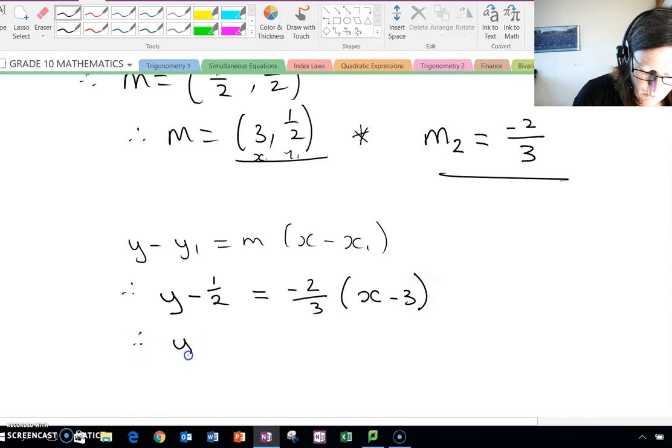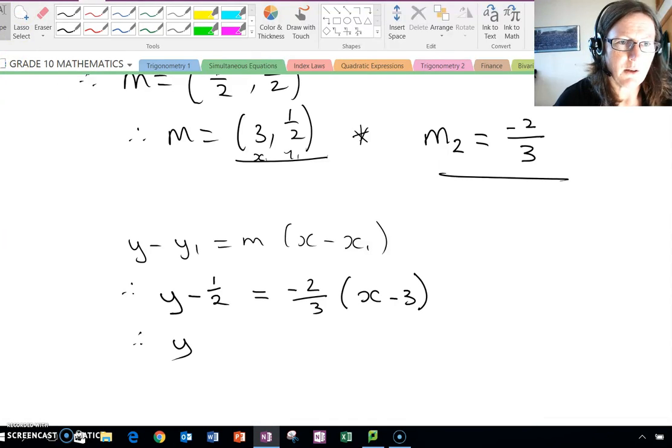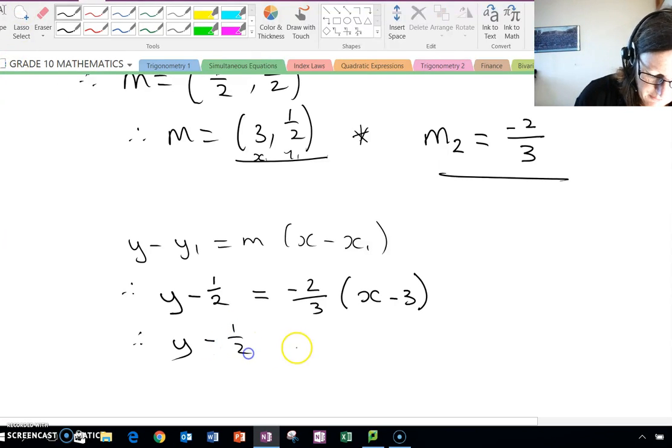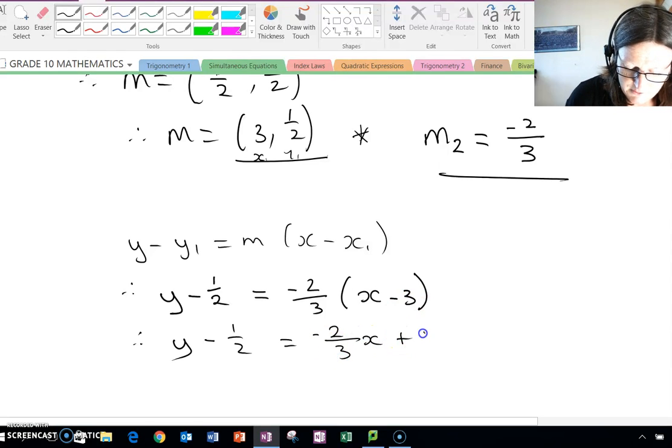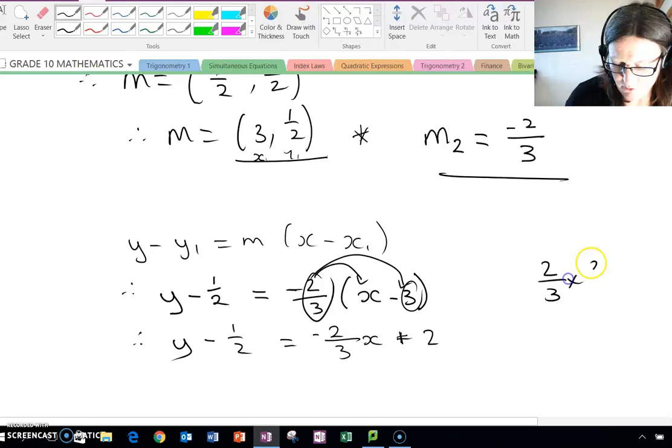So y minus 1/2 is equal to negative 2/3 x plus 2, because I've multiplied negative by negative to get positive, and 2/3 times 3, the 3s cancel, which is how I got the 2.